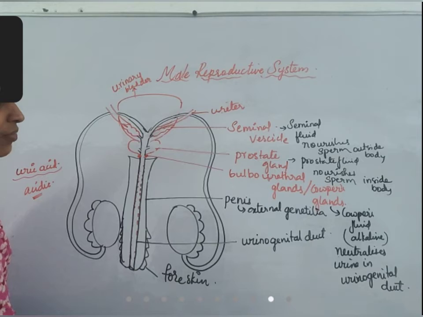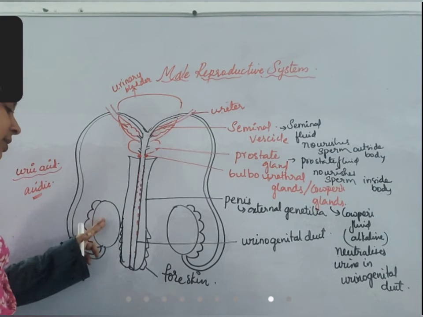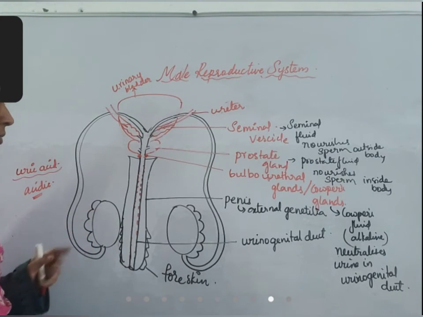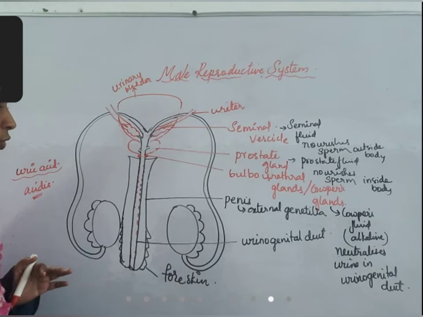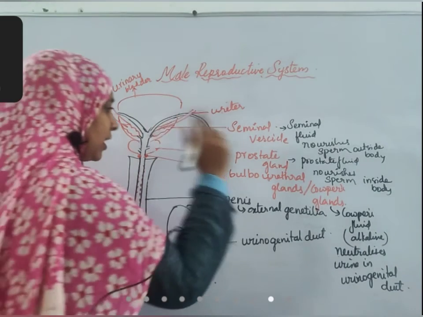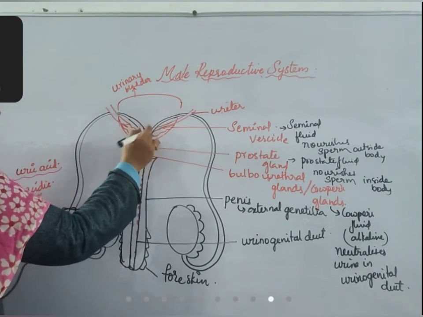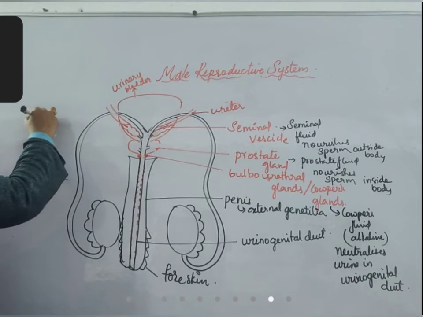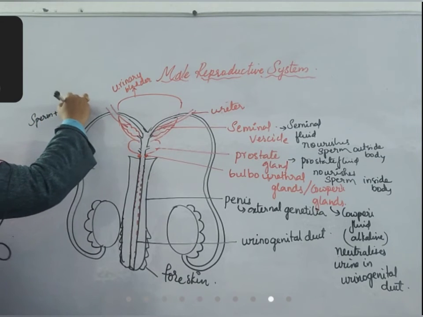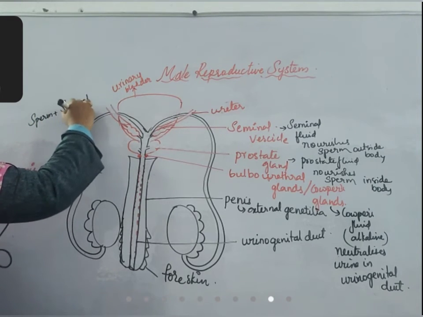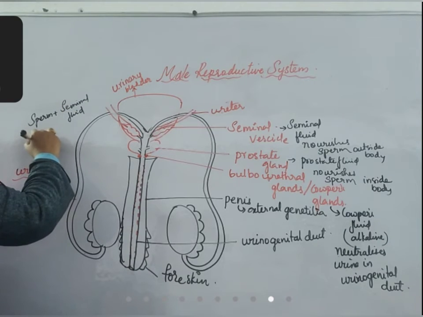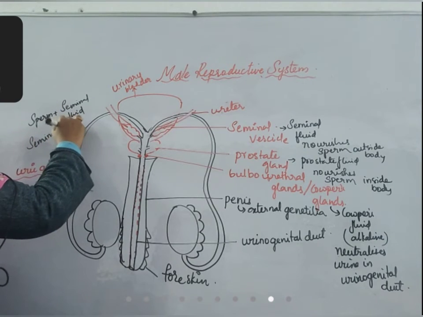Okay, so these are the functions of these three additional glands. Accessory means additional glands. The main gland is the testis. Testis is also a gland. It also secretes androgens. So one more point here. First, sperm is released. It mixes with seminal fluid. Sperm plus seminal fluid is called seminal plasma.